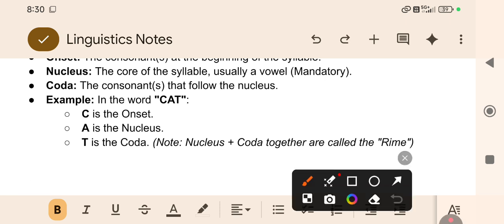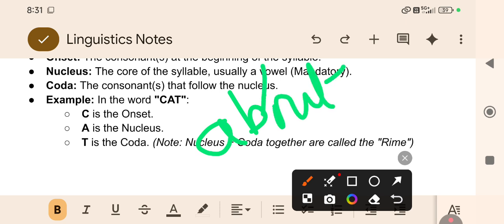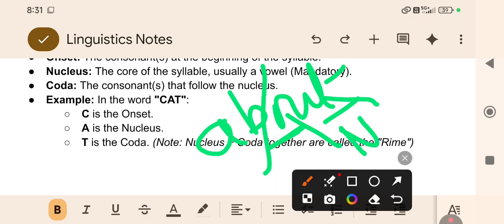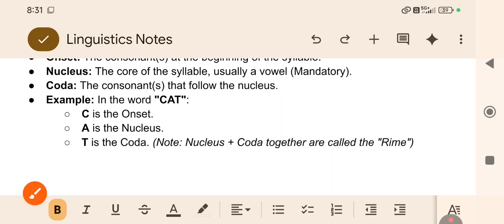About, about. So that is ow and t. This syllable part is rhyme because this is nucleus and this is coda. Make a rhyme, rime, rhyme. So this is the example of rhyme.